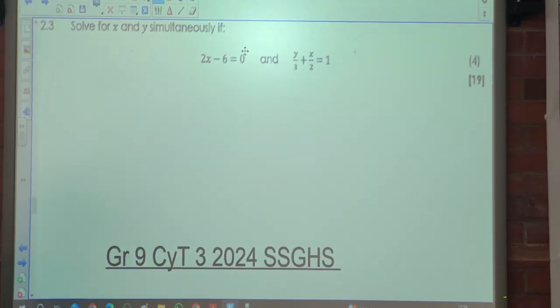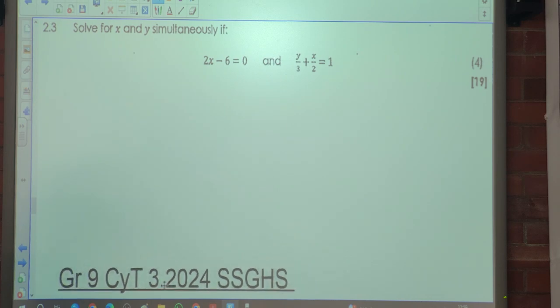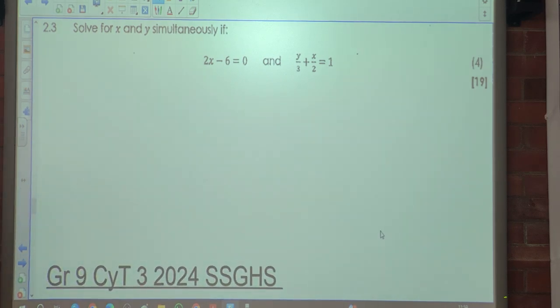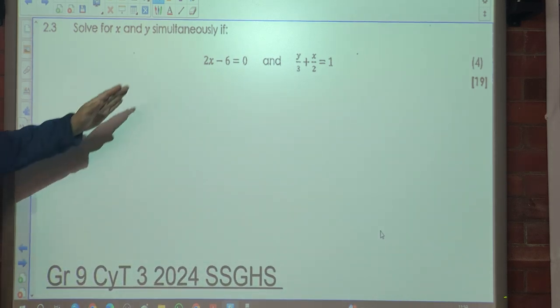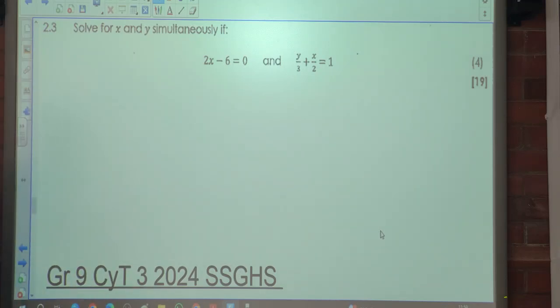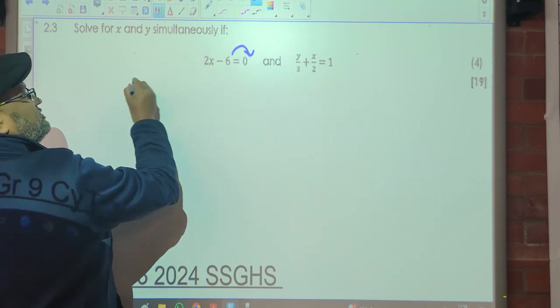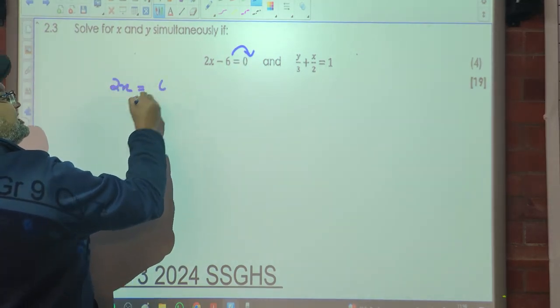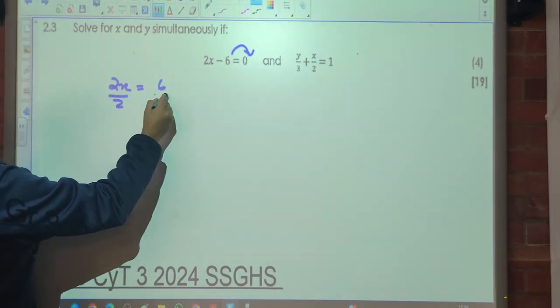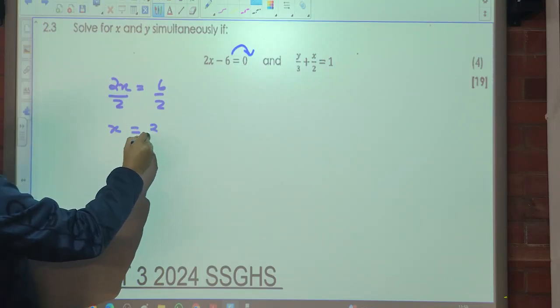People, our favorite? Yes. Simultaneous equations. Where do we start? We solve for x. Not so. So in equation 1, we take 6 over the equal sign. So 2x is equal to 6. I divide by 2 both sides. So x is equal to 3.